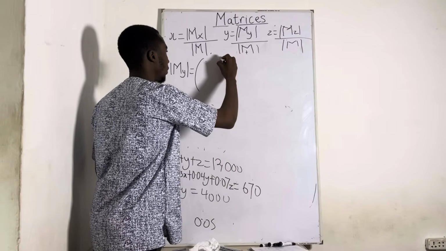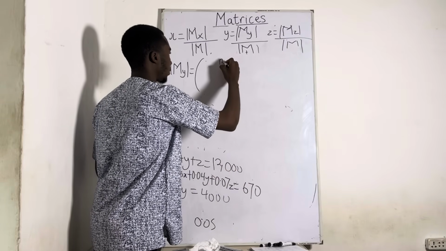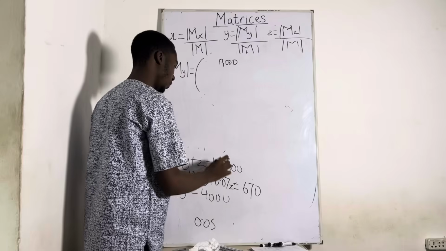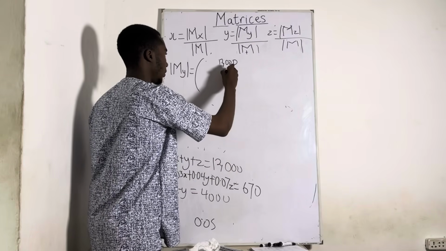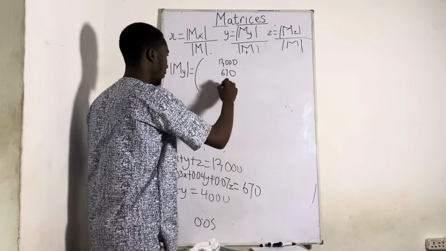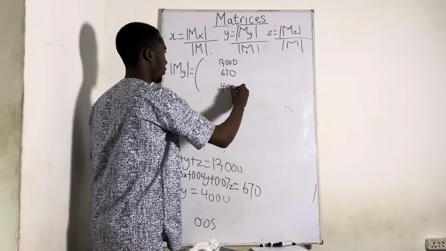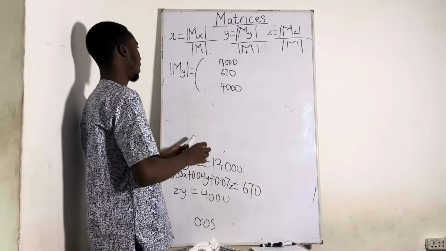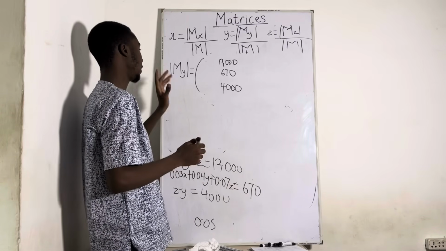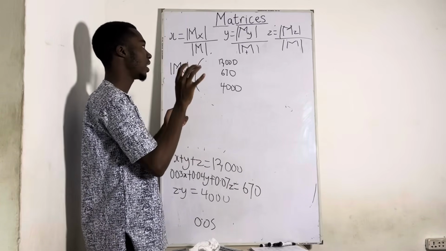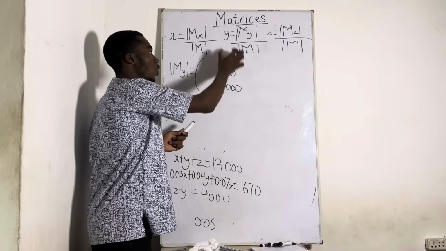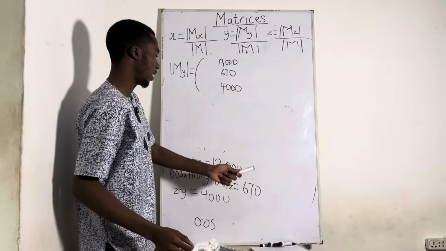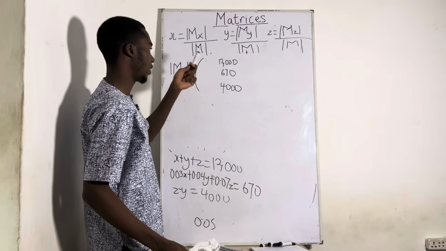So we have 12,000. So 12,670. Then lastly, 4,000. You get it? So these are the values after the equal to sign. So since you are finding the determinant of the matrix Y, anytime you are finding the determinant for that particular value, the value you are finding for, which is the Y, you replace all those values by what is after the equal to sign. So 12,670 and 4,000.